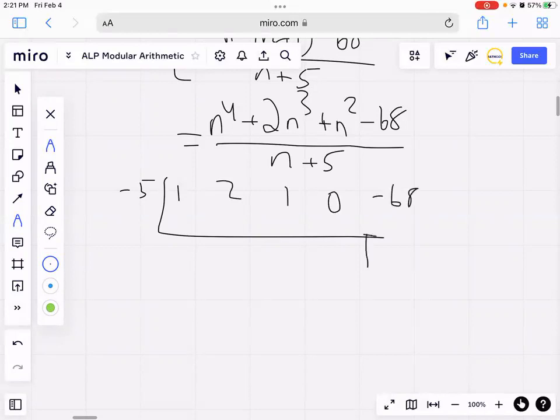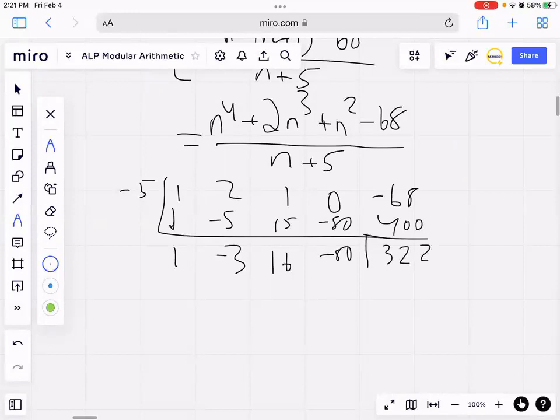And we're looking for the remainder. So just filling this out, we have 1, -5 gives -3, 15 gives a sum of 16, -80, 0 plus -80 is -80, and -80 times -5 is 400, and 400 minus 68 is 322.